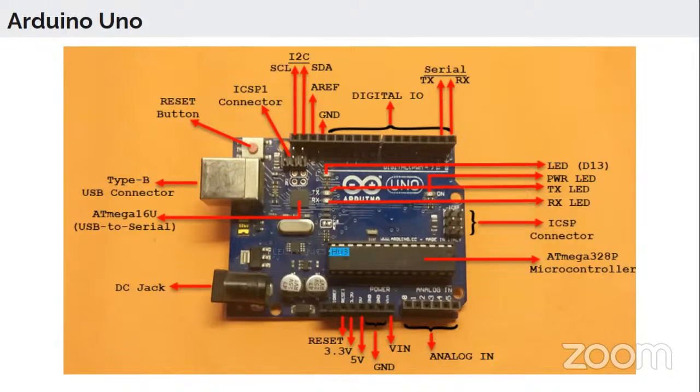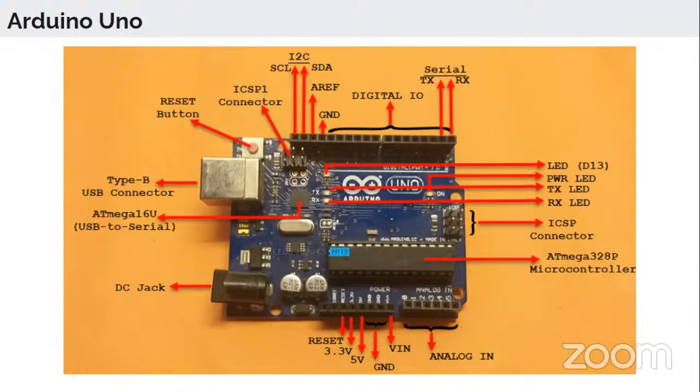First of all, analog inputs: these pins can read only analog voltage levels, from 0 to the reference voltage, usually 3.3 volts, or we can say 0 to 5 volts.